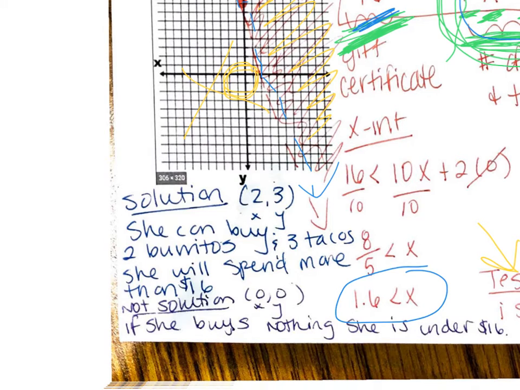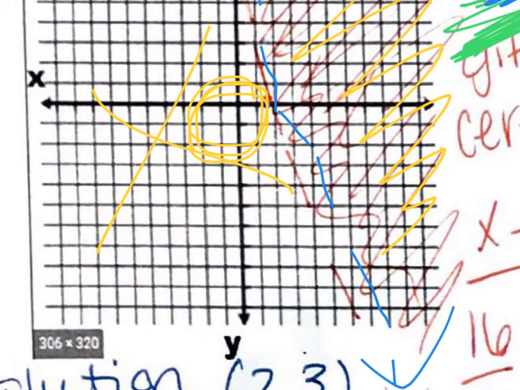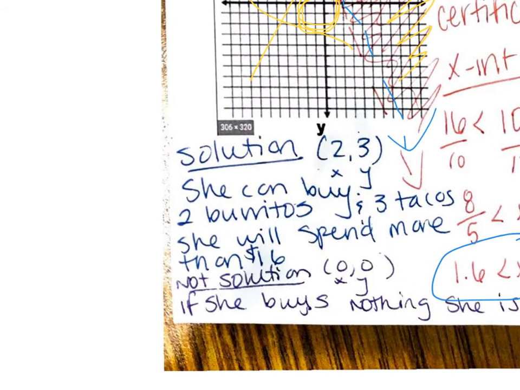So I'll show you that one in, let's do green. So if we look at 2, 1, 2, 3, 2, 3 is right here. I'm doing a green dot where 2, 3 is. It's in the shaded region, so that ordered pair represents a solution.